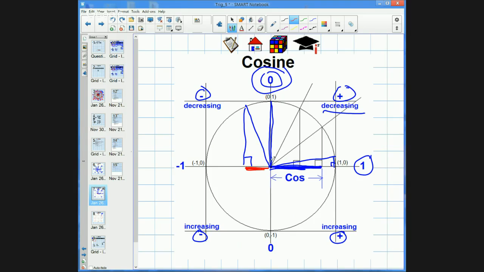And it's going to start getting bigger negatively. What do I mean by bigger negatively? A higher number with a negative on it, which means it's decreasing. And eventually it's stretched out to the full width left. So -1 over here at 180.